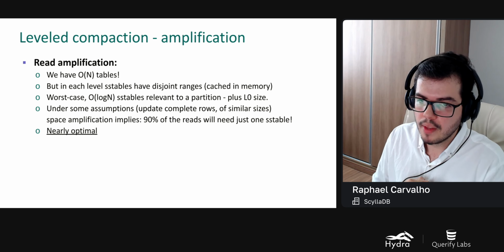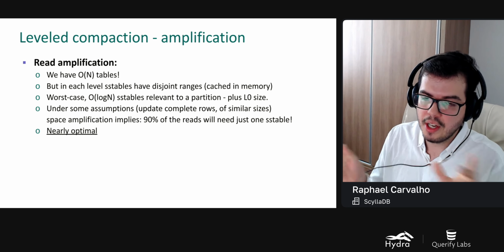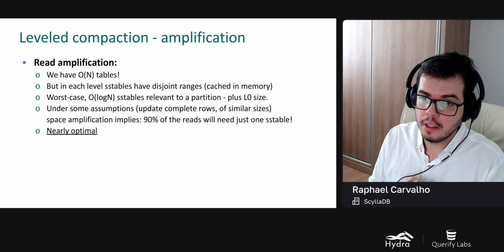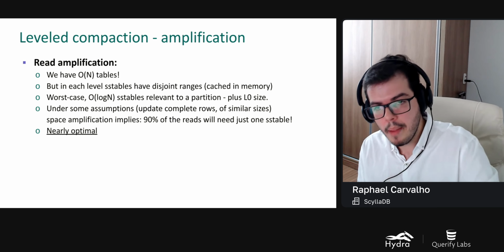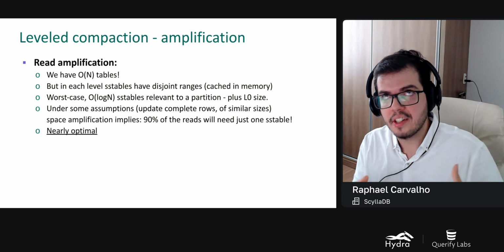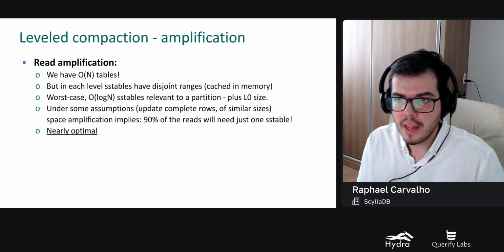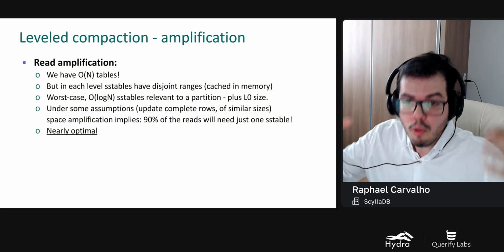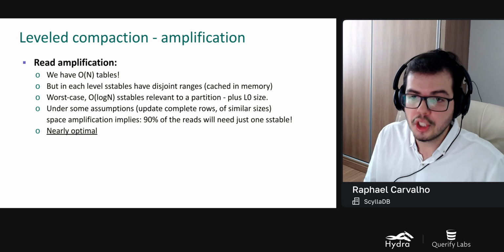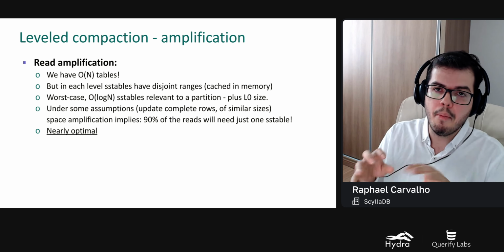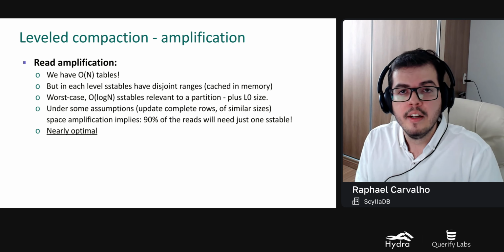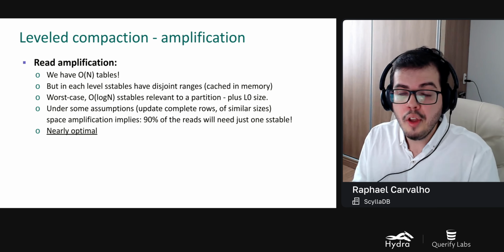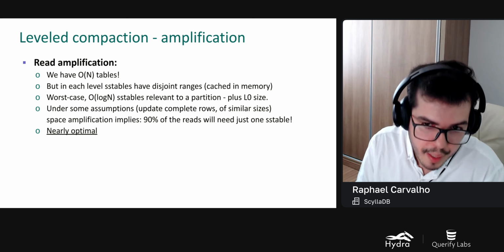The read amplification, that's the amount of SSTable files. It's not as good as in tiered policy, but we have to remember that the set of files in a given level in level policy have disjoint key ranges, where the ranges themselves are cached in memory, so we are able to quickly and efficiently filter out the files that do not overlap with the key we are trying to read.